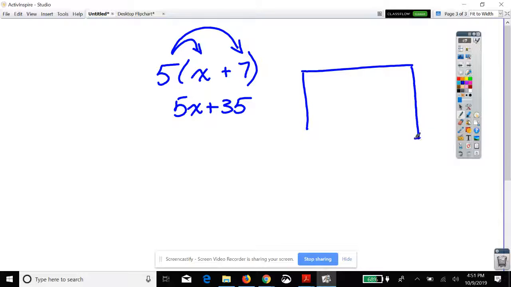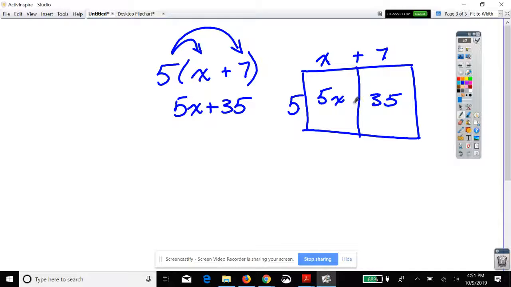But some people get confused. They only multiply one of those. If I make my area model 5 times x plus 7, then I make a line here. 5 times x is 5x. 5 times 7 is 35. And I'm adding the middle. So it's 5x plus 35.